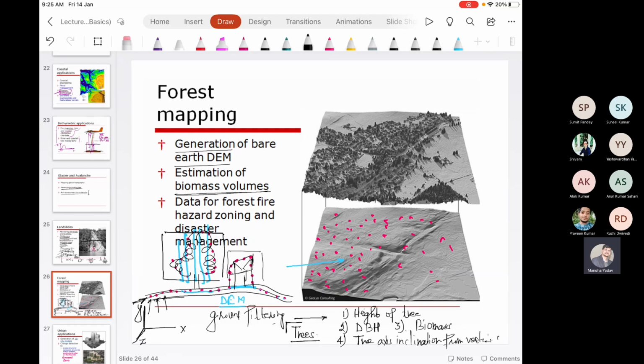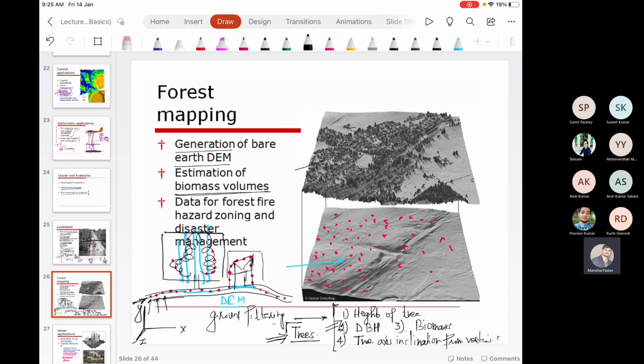There are various other parameters which can be accurately estimated using the LiDAR point cloud data, because we have detailed geometrical information of the trees. To calculate these parameters, what you need to do first is segment out the trees from the rest of the non-tree objects.